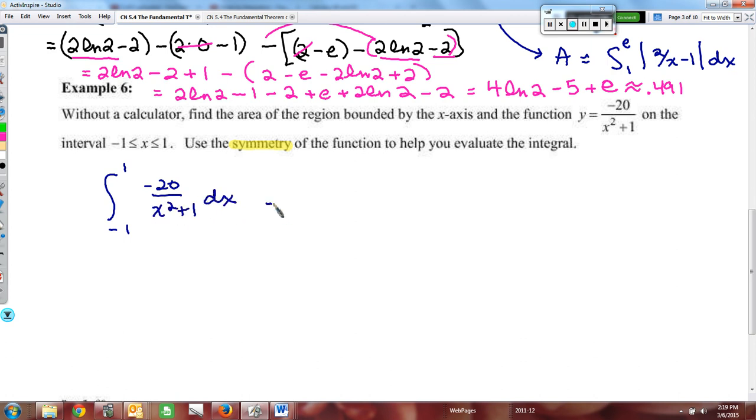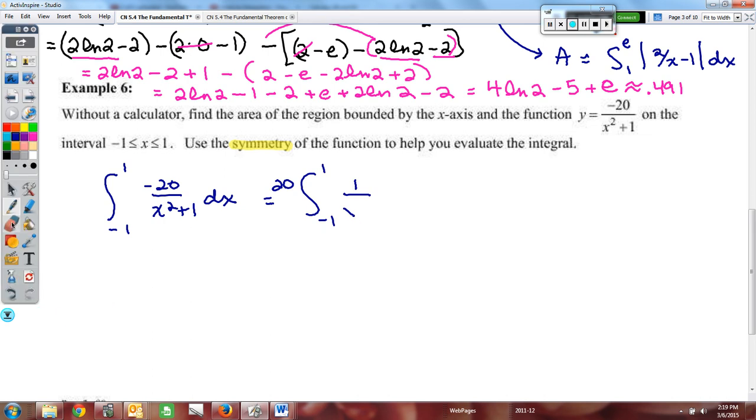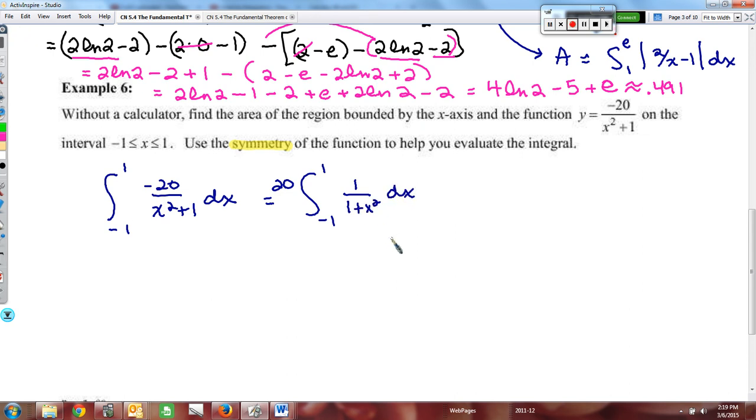And what we would recognize here is that we would pull the 20 out. We have a known antiderivative for this. The 1 plus x squared dx, that is a derivative of our inverse tangent. And so we recognize we have a known derivative.